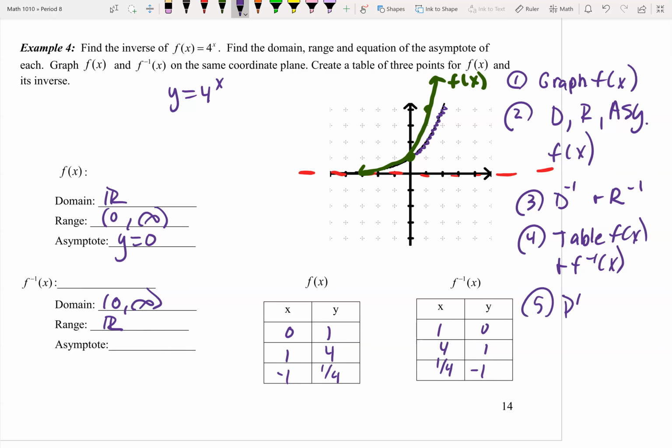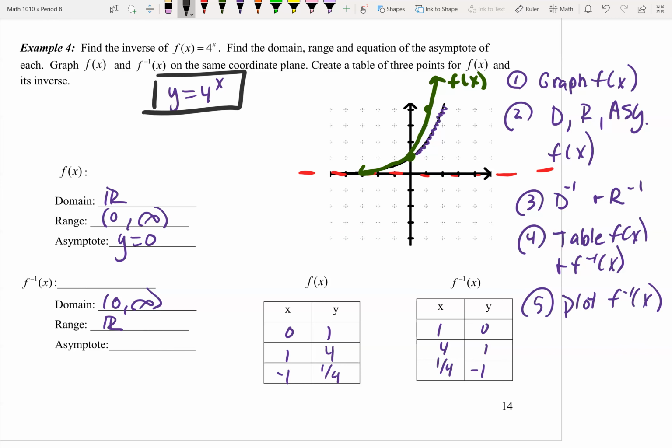Now, what I would do is plot my inverse points. You guys, the inverse is supposed to be a what? The original graph, look right here. The original equation is a what? It's an exponential.